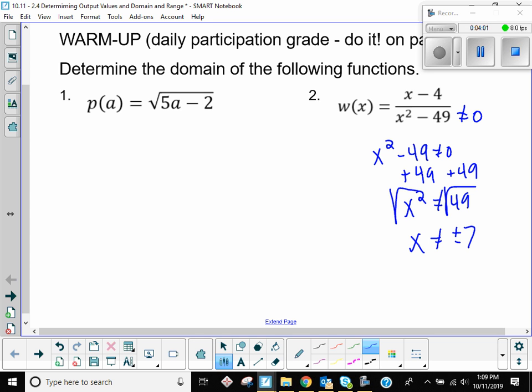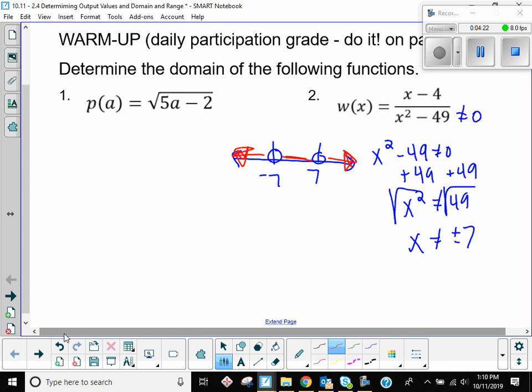And so incorporating that information into trying to write your interval notation, every other number on that number line works except this one and this one. So everything here works, everything there works, and everything there works. And so when we go to write those in interval notation, we're saying that's the domain.